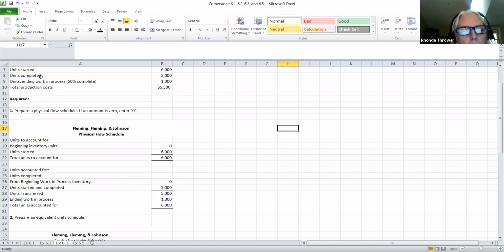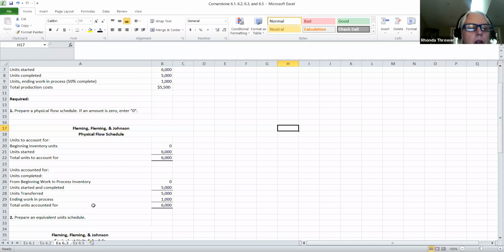They told us that we had some units completed of 5,000. If we did not know what that 5,000 was, we could still work backwards in finding this amount. But they gave it to us in this case at 5,000. That was your units that were completed.